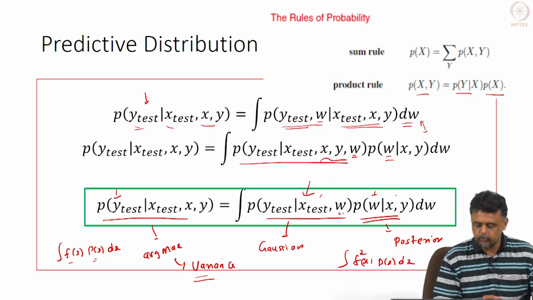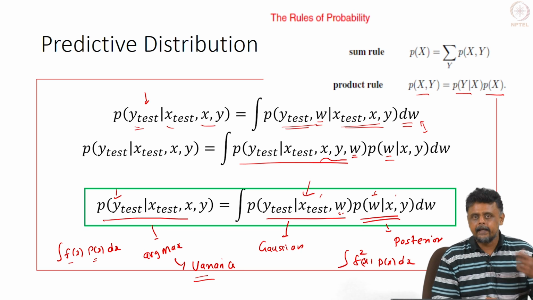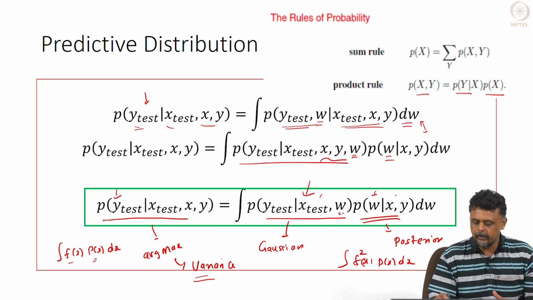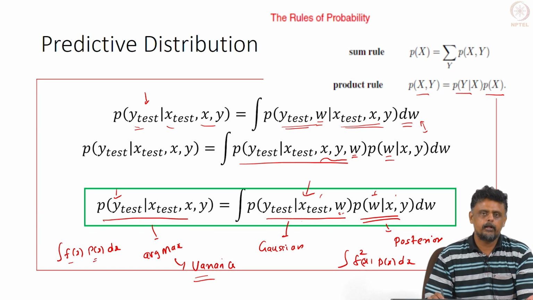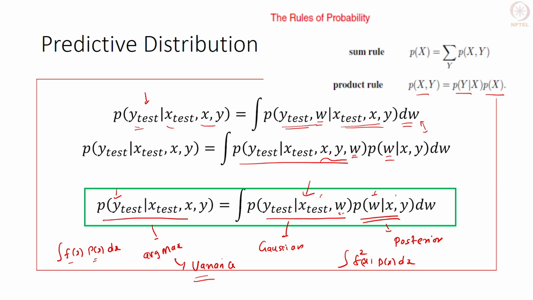So, what is the biggest problem in doing Bayesian regression is, except for some forms of P of Y test given x W, this form is very similar to the likelihood function, which we can model as a Gaussian, except for these forms where these are Gaussian or some very specific distribution, this integral is very hard to do. Okay. So, then these are done with what are called Monte Carlo techniques.